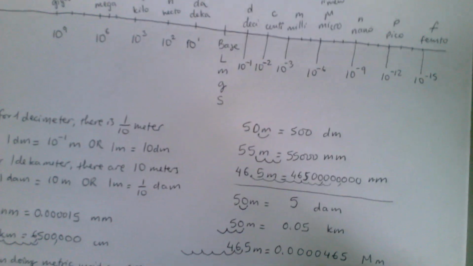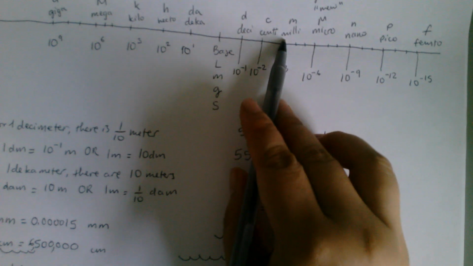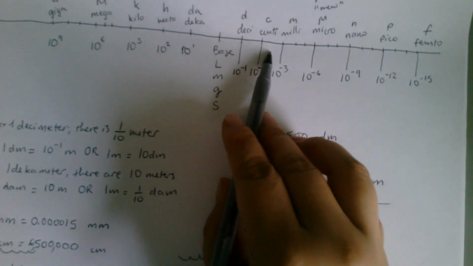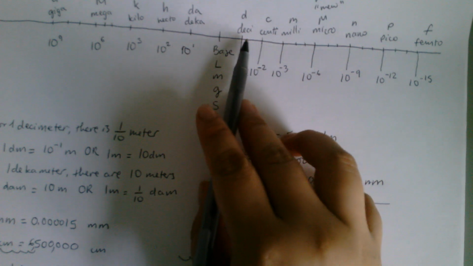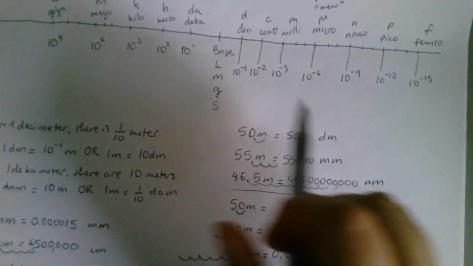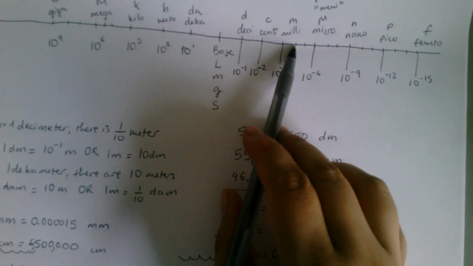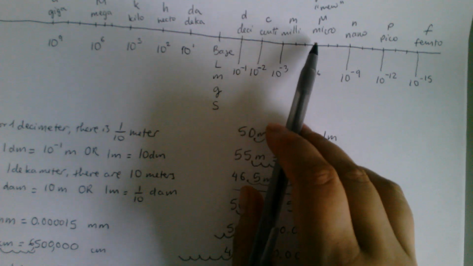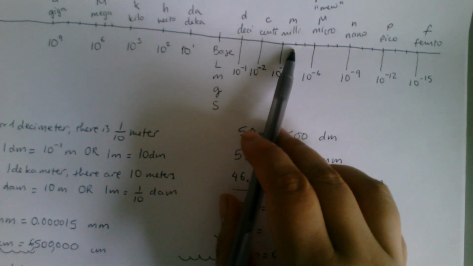Again, if I have 55 decimeter to millimeter, I move the decimal to the right 2 times. That's 2 zeros to the right of the number. So 5,500. If I'm trying to move from micro to milli, I'm moving to the left 3 spaces. So 55 micro would be 0.055.